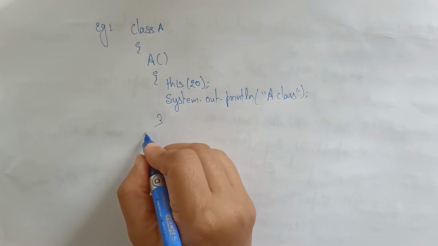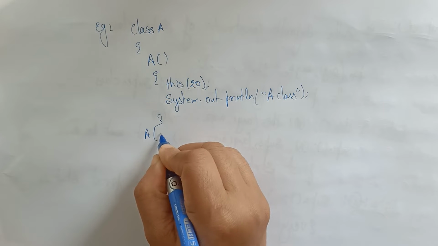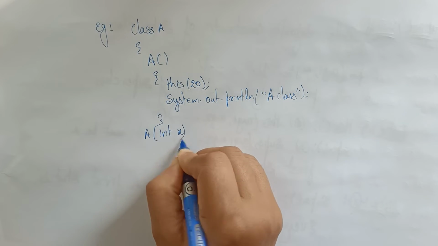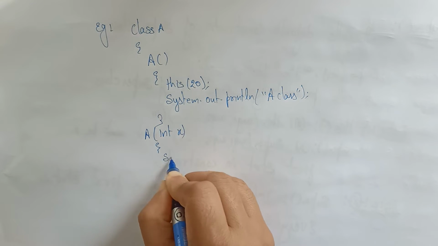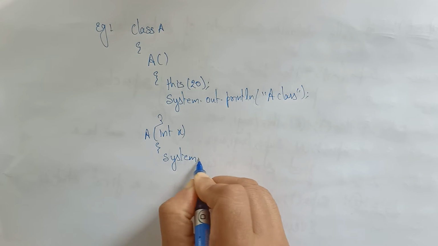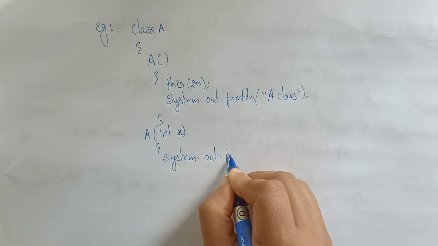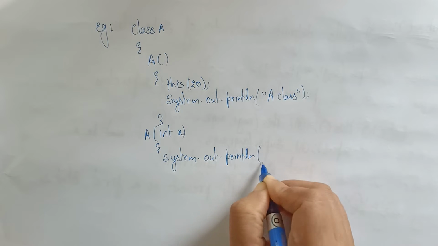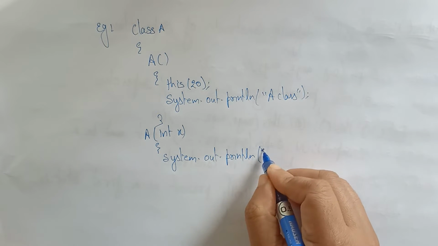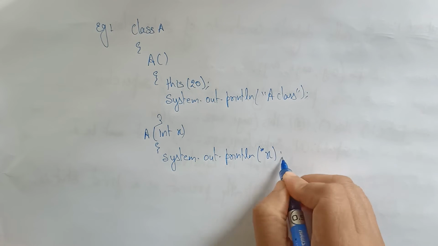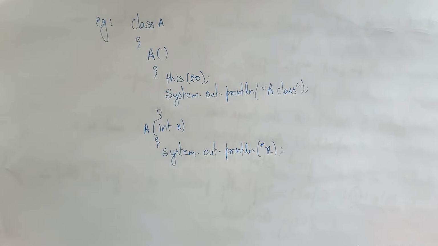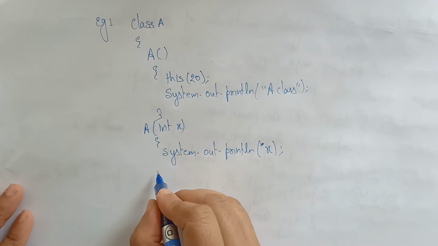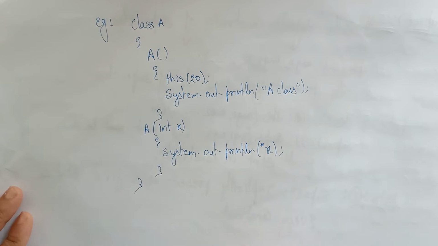Now I'm calling a parameterized constructor A(int x), System.out.println. Here this is a parameterized constructor, so just take the variable x. Close it. A class close.